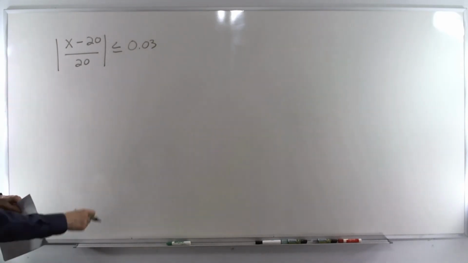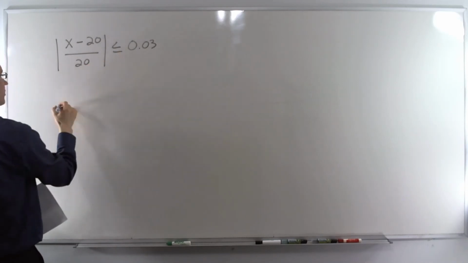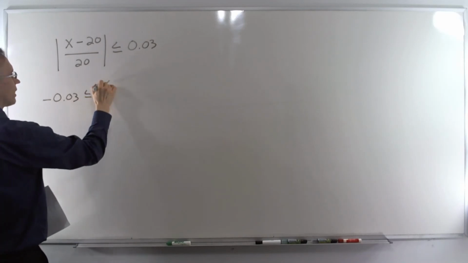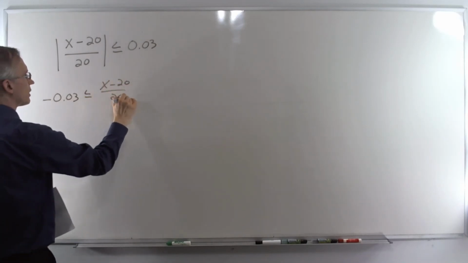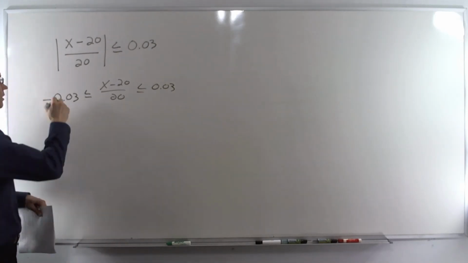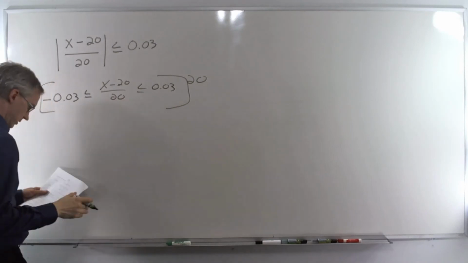So just like before, we've got an AND inequality, because the absolute value is less than the number. So we'll do negative 0.03 less than or equal to x minus 20 over 20 less than or equal to 0.03. All right, let's get rid of that denominator. Multiply all three parts by 20.